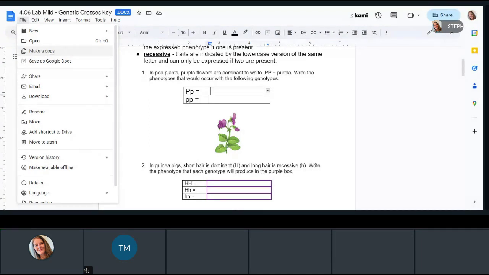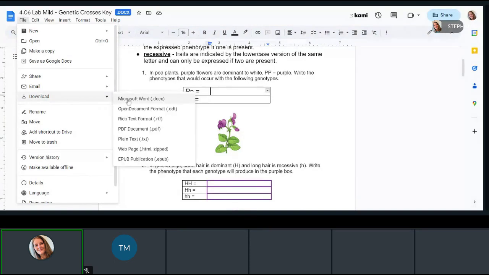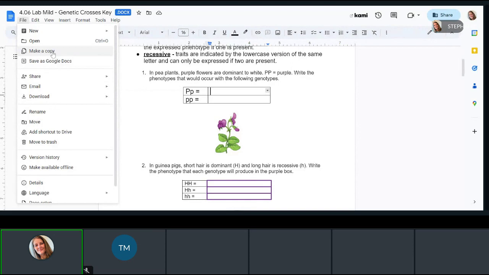One of the two. If you download it to Microsoft Word, it'll be on your computer. If you make a copy, it'll be in Google Docs.